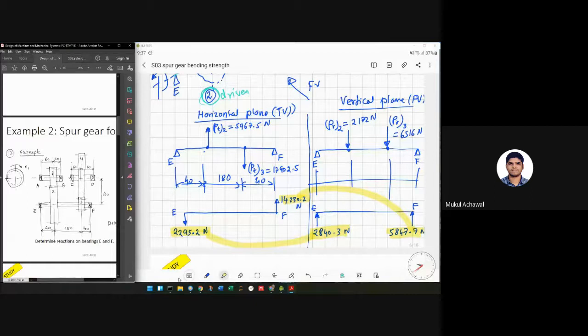Yes, sir. That's right. So let me think again and confirm in the classroom after the lecture. But yes, these forces will be parallel. The net force will be along the pressure line of action, which is the same for both the gears. So we can find a single reaction and then do it. Yeah, that's right. Yes, sir.